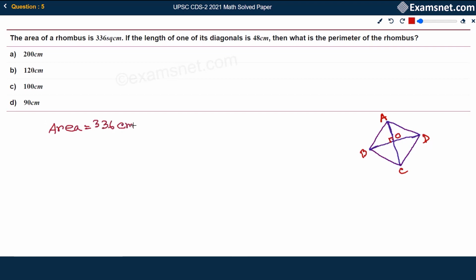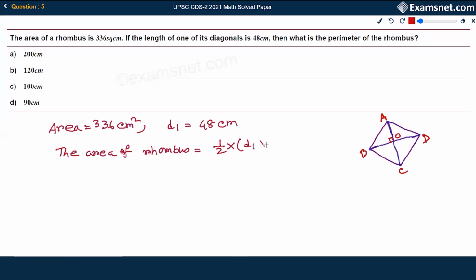Okay, so here area is given as 336 centimeter square. Also one diagonal, let's say D1, is given as 48 centimeter. Now, what is the formula for finding area of a rhombus? The area of rhombus, that is half into product of the diagonals.